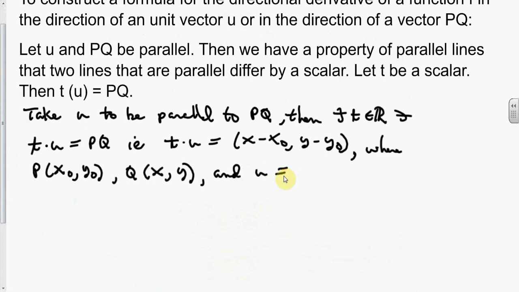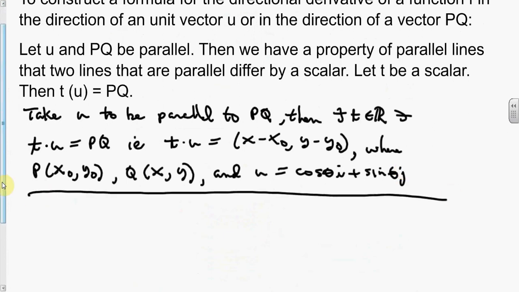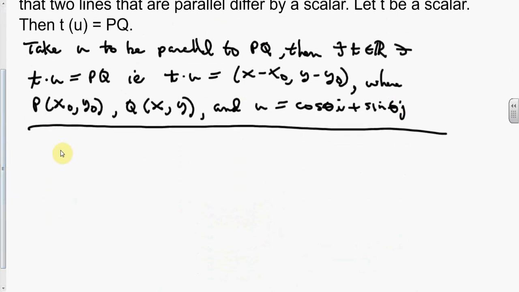And u is set to be a unit vector defined as cosine theta. Remember that theta that we saw? Cosine theta i plus sine theta j. So if that be the case, then we have t times u, but u is cosine theta, comma, sine theta, equal to x minus x naught, comma, y minus y naught.